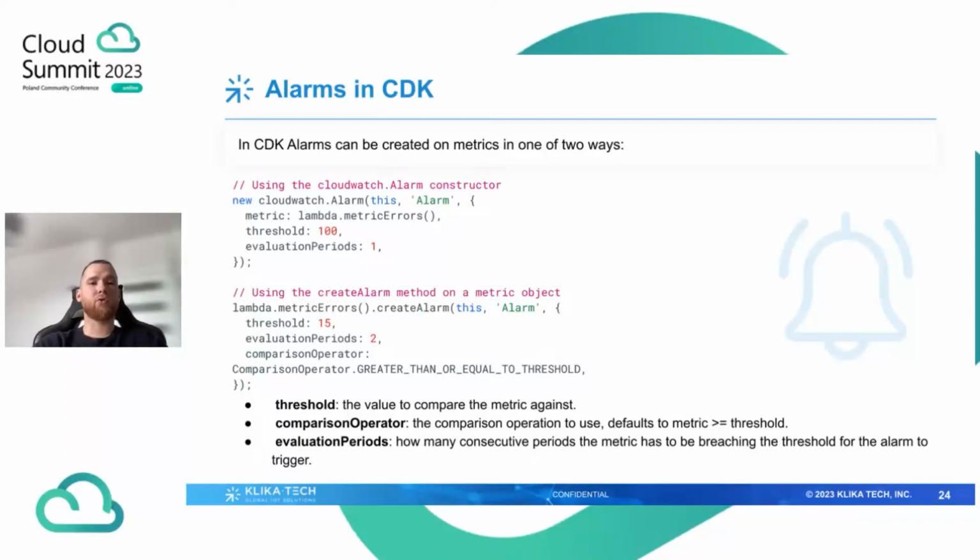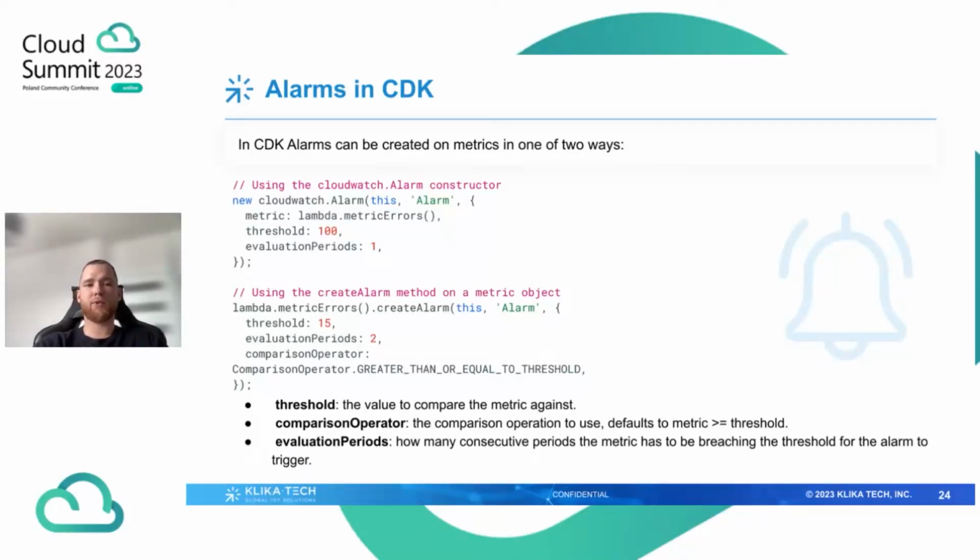The second way is to use the createAlarm method on a metric object. This method creates an alarm for the metric with the specified options. You can pass in the alarm threshold, evaluation periods, and comparison operator, as well as any other options that are available for CloudWatch alarms.